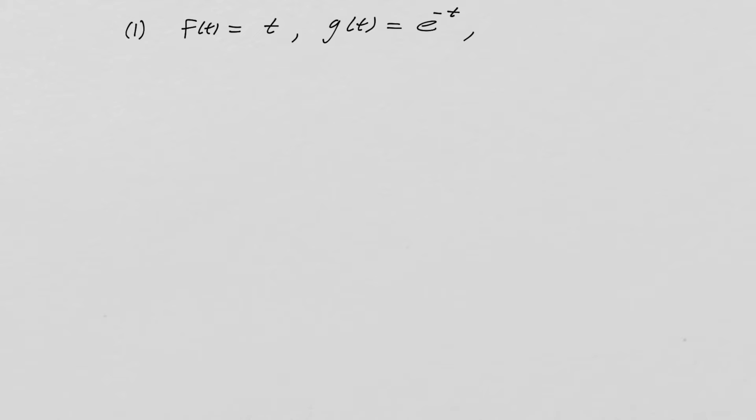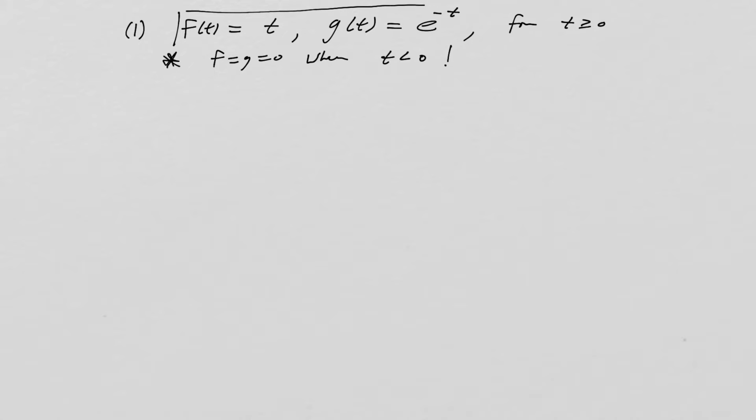This is for t greater than or equal to 0. Like we said before, f and g are equal to 0 when t is less than 0. So we're thinking about these functions only defined on their positive t domains.